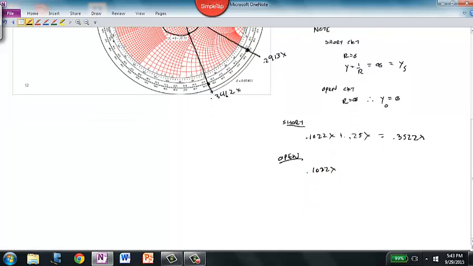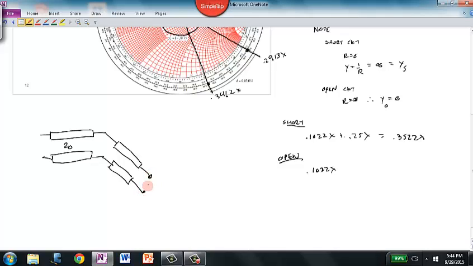So the circuit that I end up with is a length of transmission line of arbitrary length, Z0. I then put a short circuit T line across it, and then I have a fixed length of transmission line, and then I have my load.